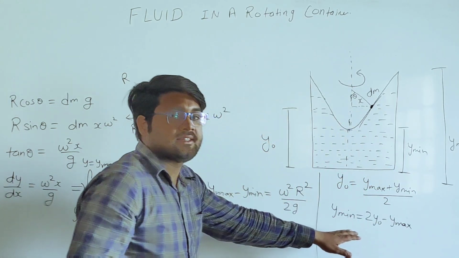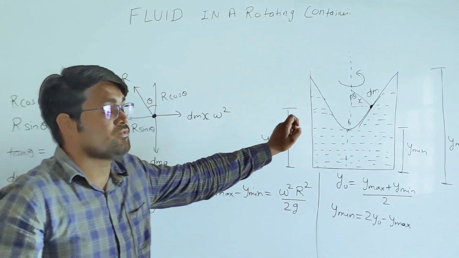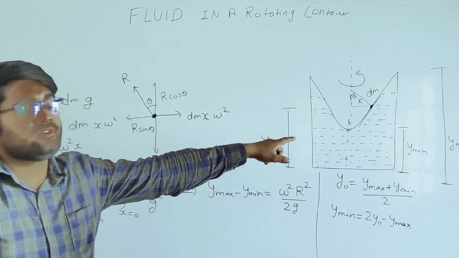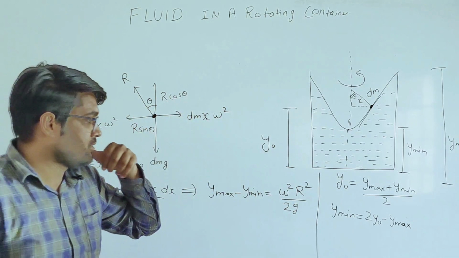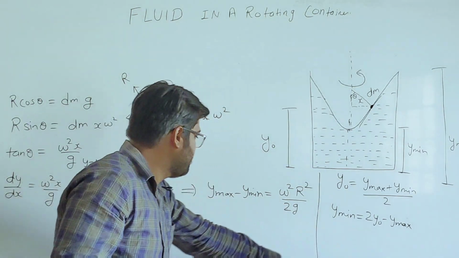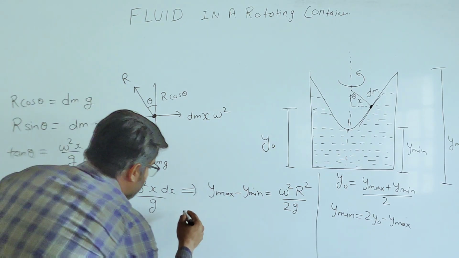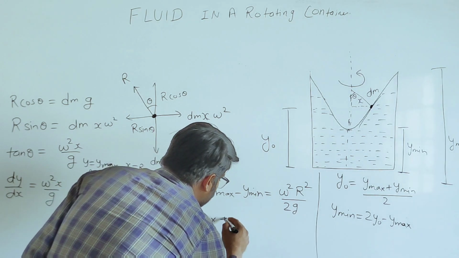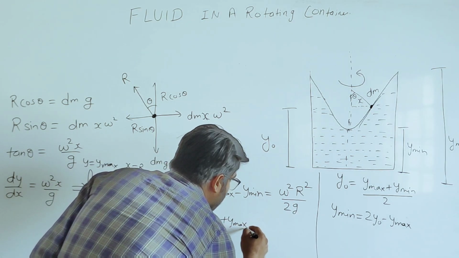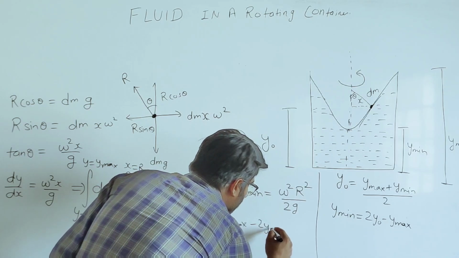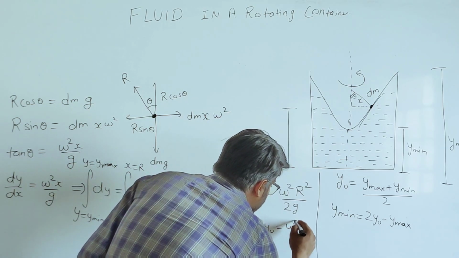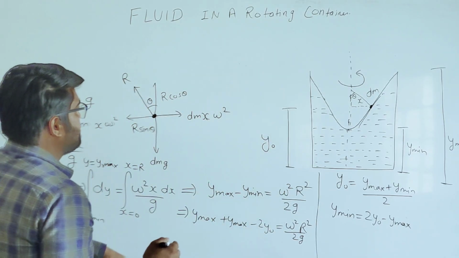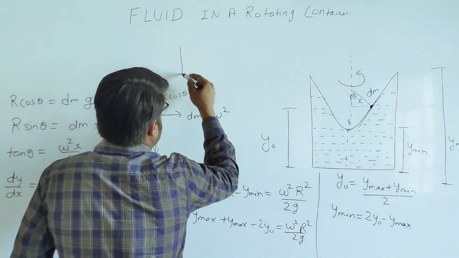Here y naught is the actual height before the rotation of the container, y min is the minimum height achieved by the fluid, and y max is the maximum height. So we put the value of y min here, and we obtain y max: plus y max minus 2y naught equal to omega square R square by 2g.